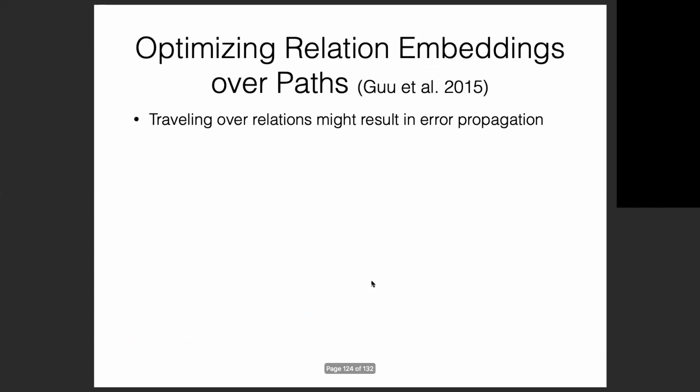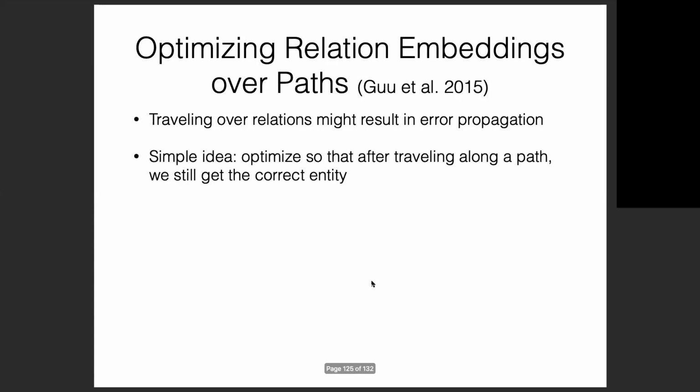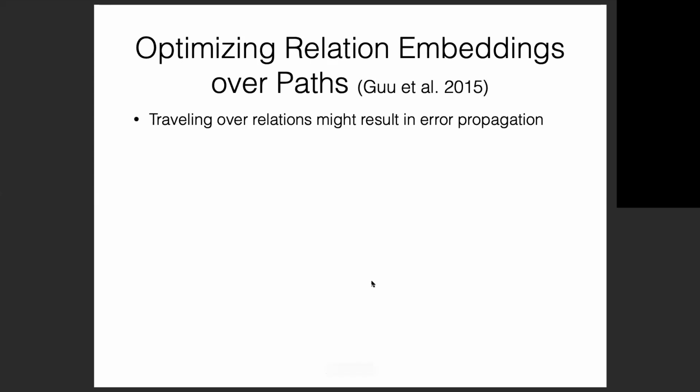We talked a little bit about TransE embeddings or other things like this. There's also been work that explicitly attempts to optimize these relational embeddings over paths. One of the problems with using paths not in an explicit knowledge base that's been curated, but in embedding space, is that traveling over relations might result in error propagation.